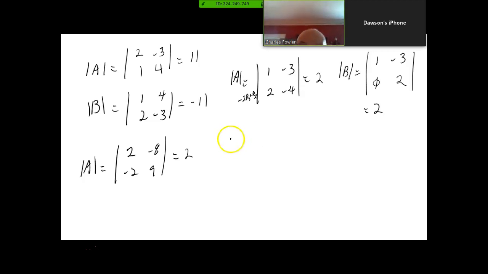Okay. How about this one, B? What we're going to do, another elementary row operation, we're going to divide row 1 by 2 and make that the new row 1. Okay? So what would that be? 1, negative 4, negative 2, 9.